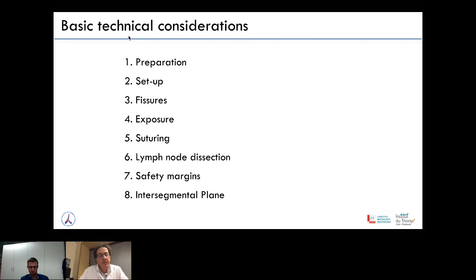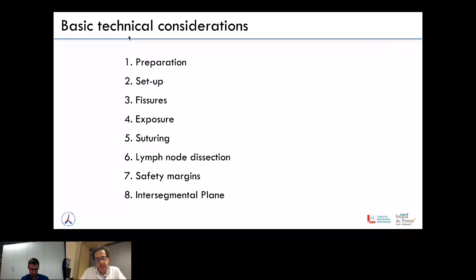So the points I will stress this evening are how to prepare these operations, how to do the setup. We perform an operation that is so-called Fisher-based, so we will see what it means. How to expose the elements.